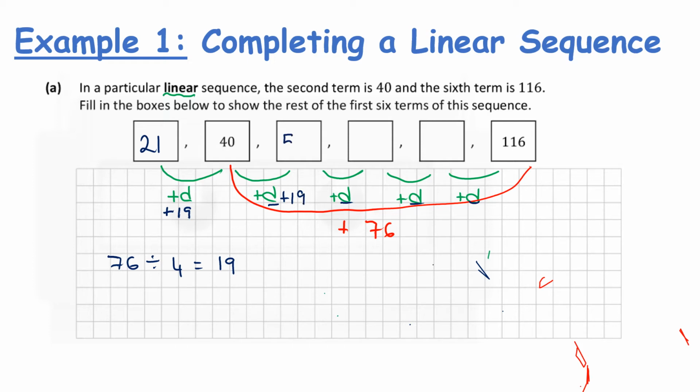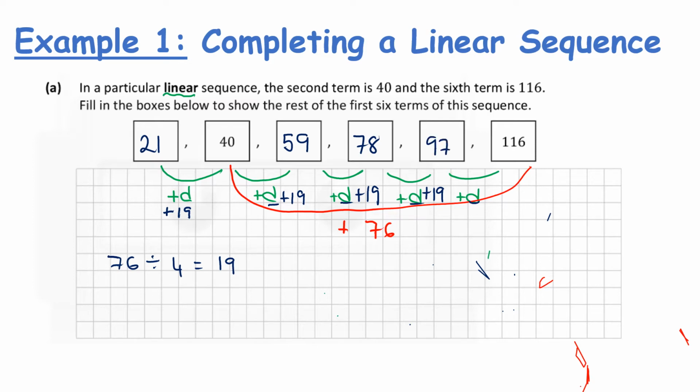So my next number is 40 plus 19, which is 59. So then we have 59 plus 19, and we get 78. And then we do 78 plus 19, and we get 97.